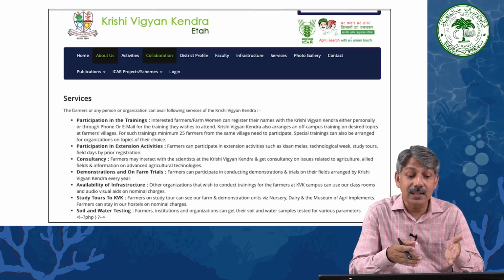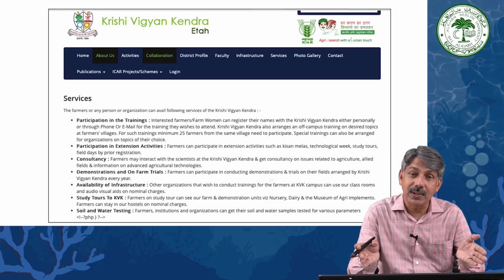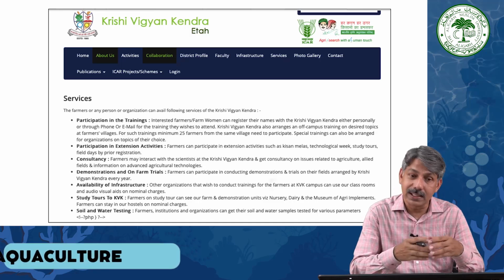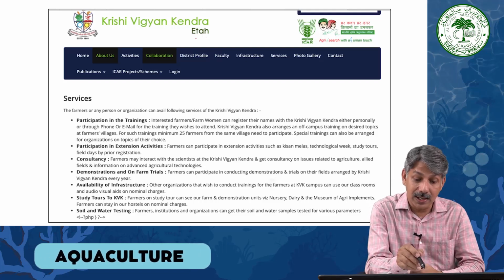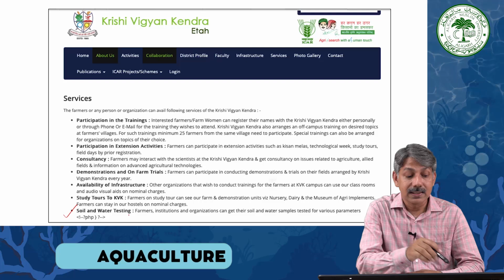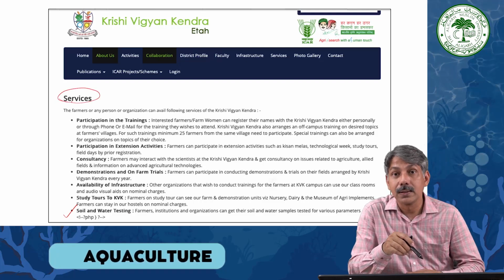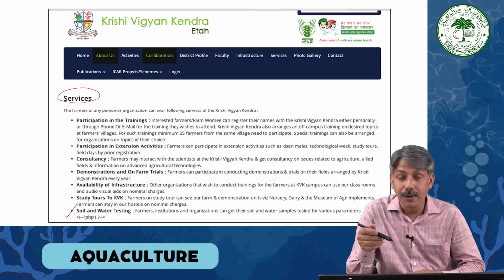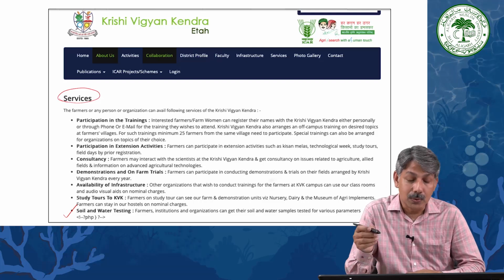Even these Krishi Vigyan Kendras are distributed across the country, and in fact, in a very small place called Etah in Uttar Pradesh, they have soil and water testing services also. If you visit the services of these agencies, they have this facility. You visit them, you talk to them, provide your sample, you will get the data.